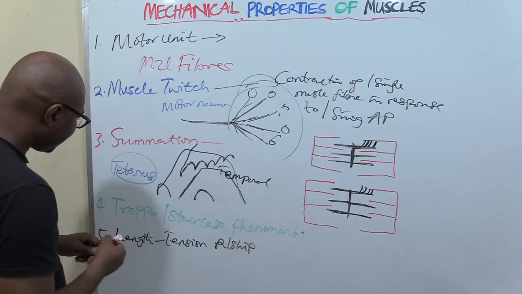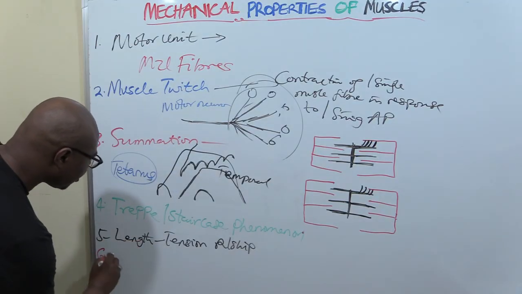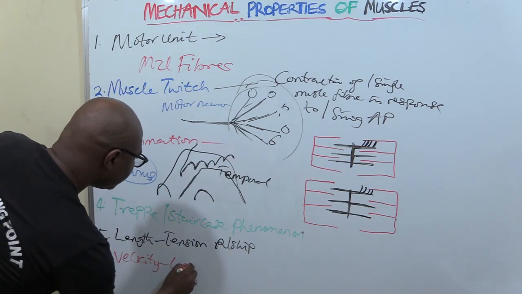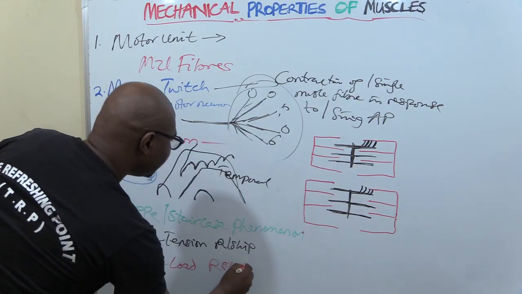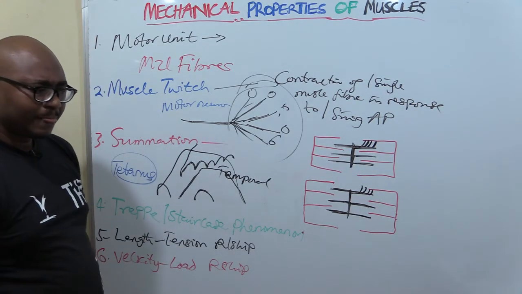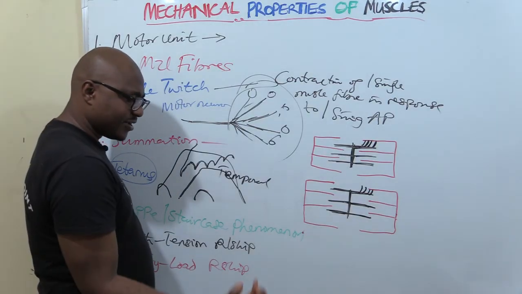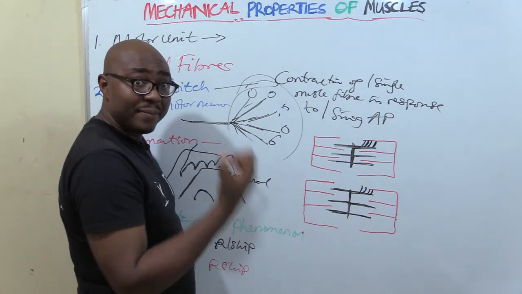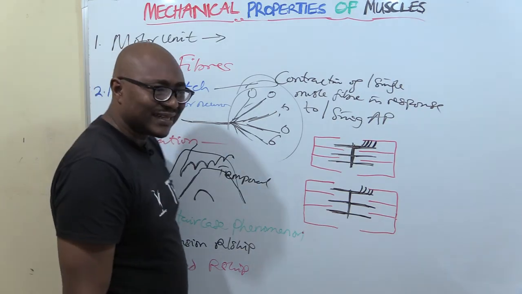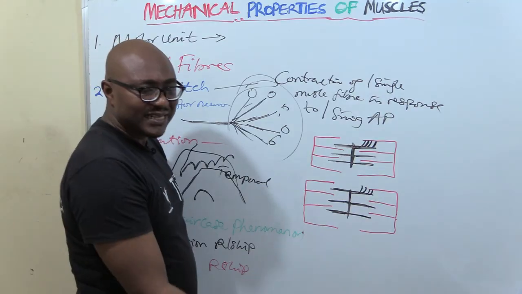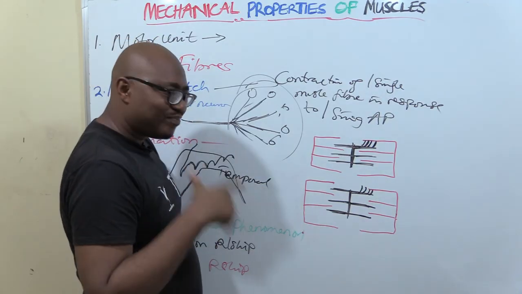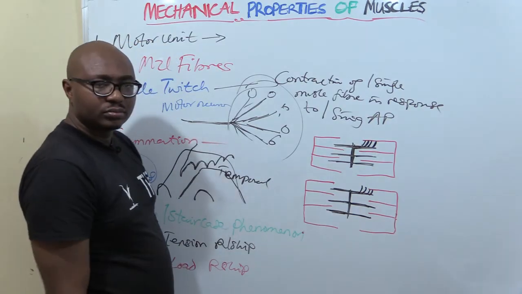Okay? So finally, let's talk about another one. It's called the velocity load relationship. This one is actually the easiest, very easy to understand. Let's say I carry a load like this, a dumbbell. The velocity, the speed at which I will contract my hand or raise that dumbbell depends on the load.